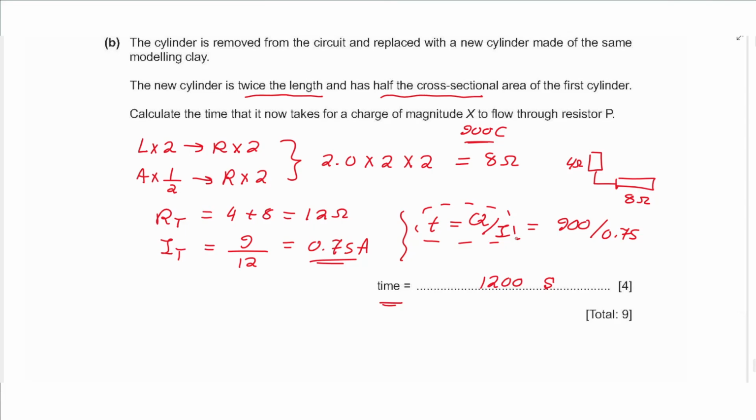So we needed to get the current first. But in order to get the current, we need the voltage and the resistance, and we did not have the resistance. We had to calculate the new resistance, but there was another 4 ohm resistor in series with the 8 ohm cylinder, so we had to calculate the total resistance and then divide voltage by resistance to get the current.